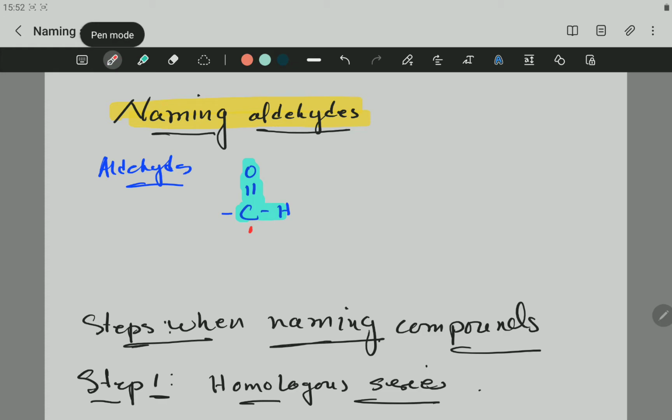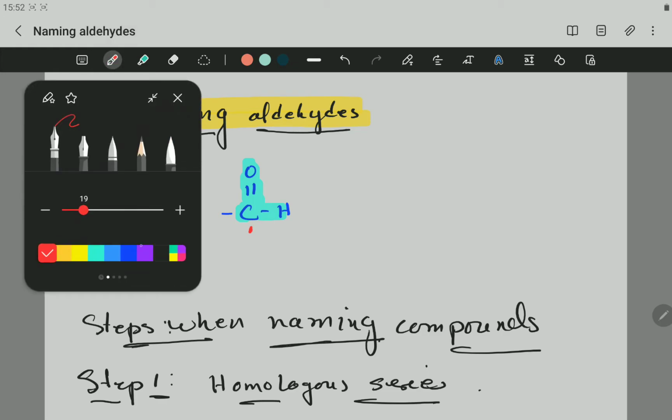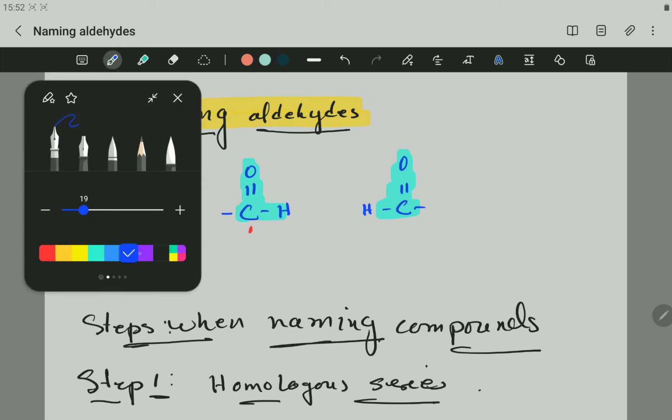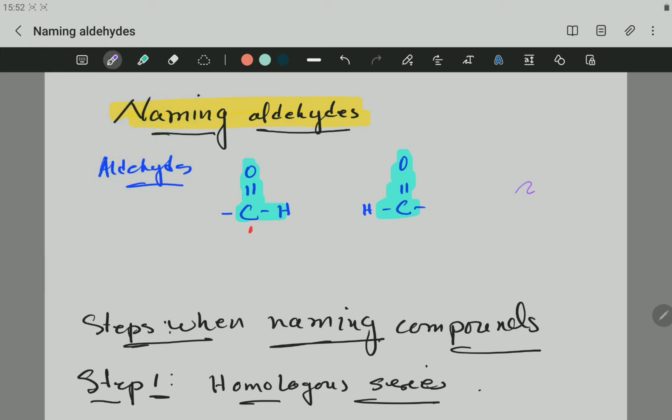Remember, this functional group can also be written as carbon, double bond oxygen, hydrogen. So it's the same functional group. You need to make sure that that is the first carbon, and that makes it a little bit easier. And the other important thing is that the name will finish in al. For alcohol it was ol, for aldehyde it will be al.